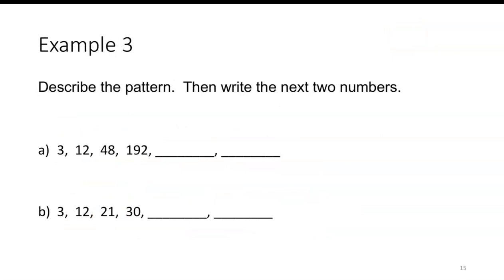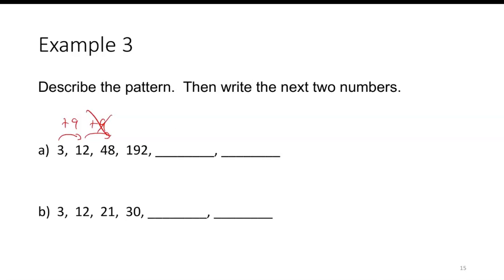Alright, so for these ones, they both start with the first two numbers, 3 and 12, and then it goes off from there. So let's try to figure out the pattern. If I think about the first one as arithmetic, I would add 9, and then I would try to add 9 again, and that's a problem.